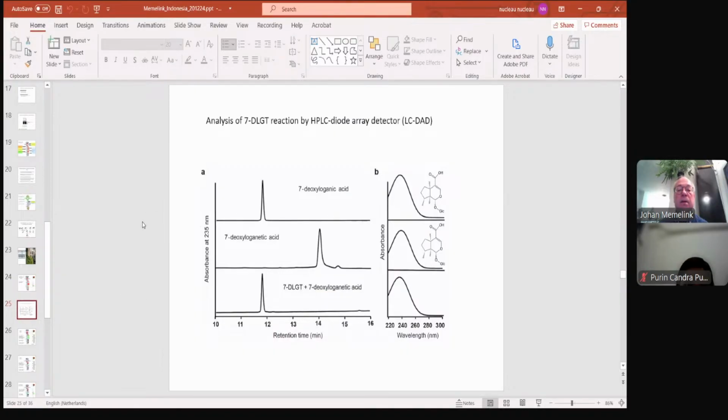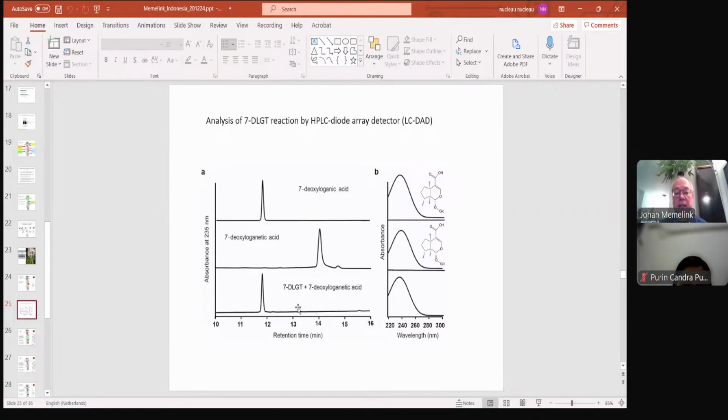So here we have the chemical analysis. In the top 2 runs of this HPLC are the substrates and the products, and the bottom run is the substrate with the purified enzyme.